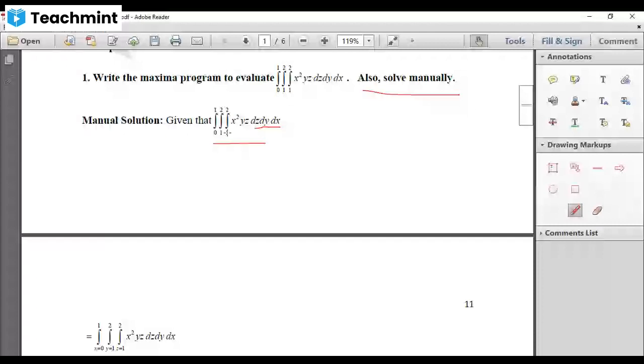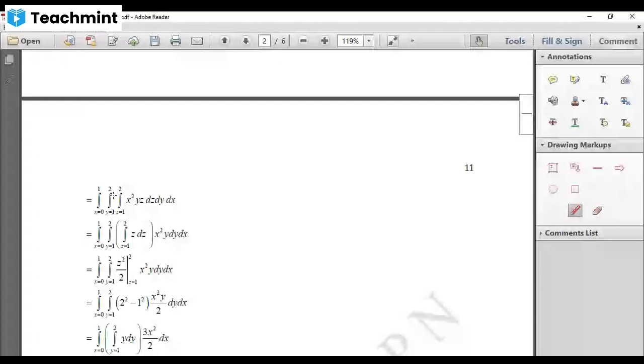So that means this 1 to 2 is the limit for z. Then after that, you have to integrate that answer with respect to y, so this will be the limit for y. And lastly, you are having dx. Therefore, this last one is the limit for x. See, x varies from 0 to 1, y varies from 1 to 2, z varies from 1 to 2, x square yz dz dy dx.